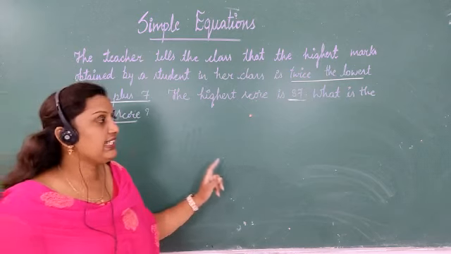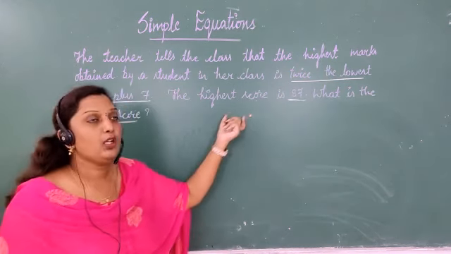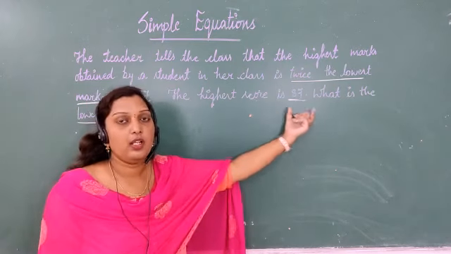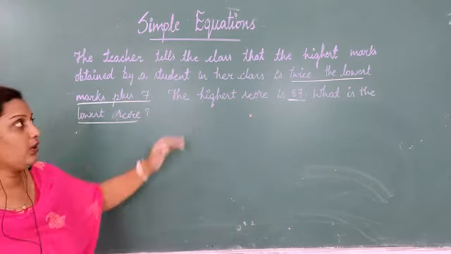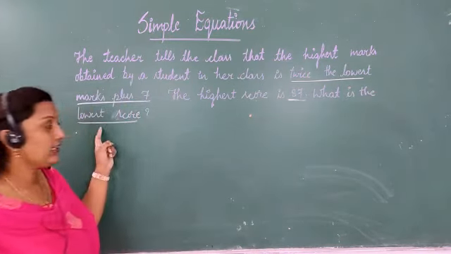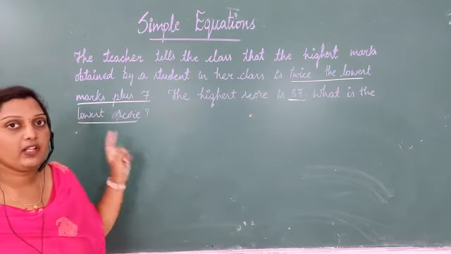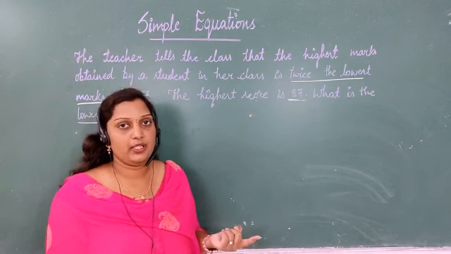Means she has given a condition for the highest score. Also she has given what is the highest score, and you have to find out the lowest score. So in the whole question, what is the unknown thing? Unknown thing is the lowest score. So whenever you have an unknown quantity, you should assume it as a variable.